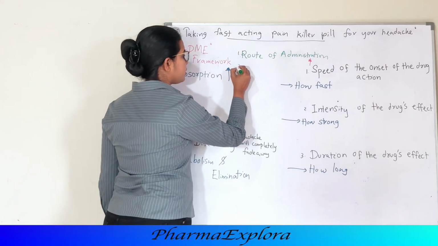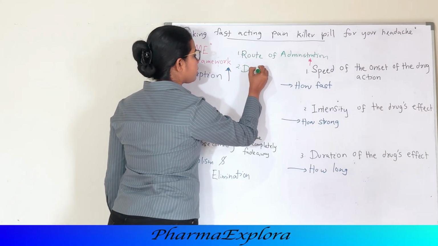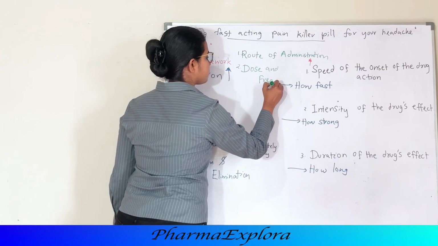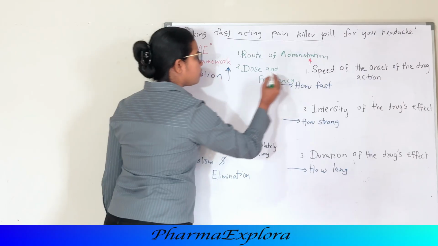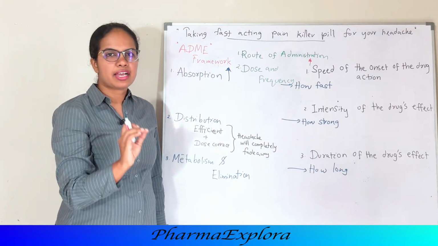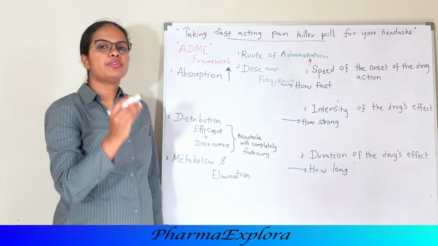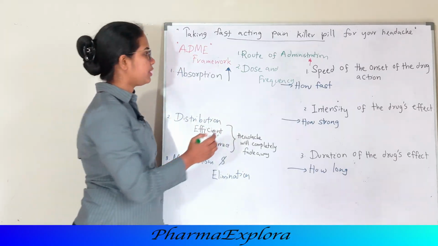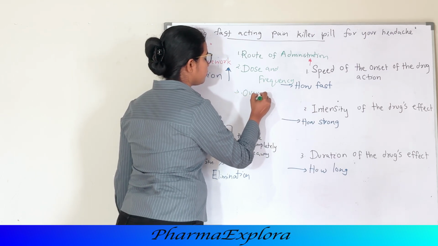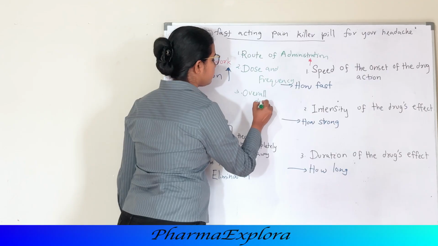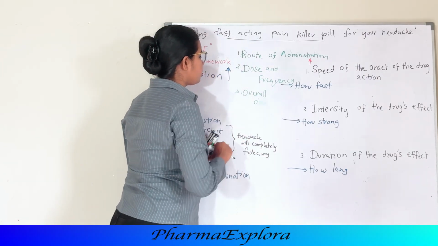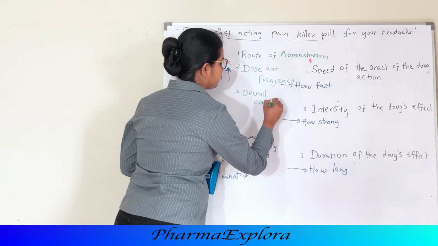Route of administration, the dose and frequency. Dose is how much amount should be given at a particular time, and frequency is how often you should continue this treatment. And the third one, the overall duration of the treatment.